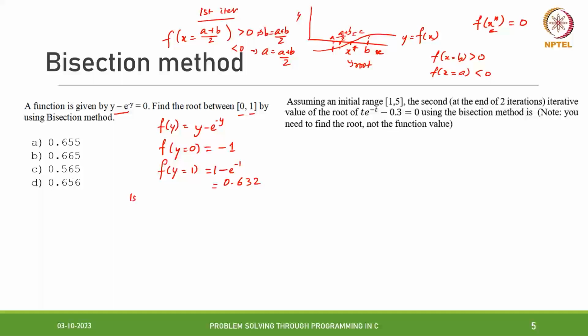So what do we do in the first iteration? We calculate c equals (0 plus 1) by 2, that is 0.5. Now we check what is the value of y at 0.5. Can you again calculate and tell me? It will be 0.5 minus e to the power minus 0.5.